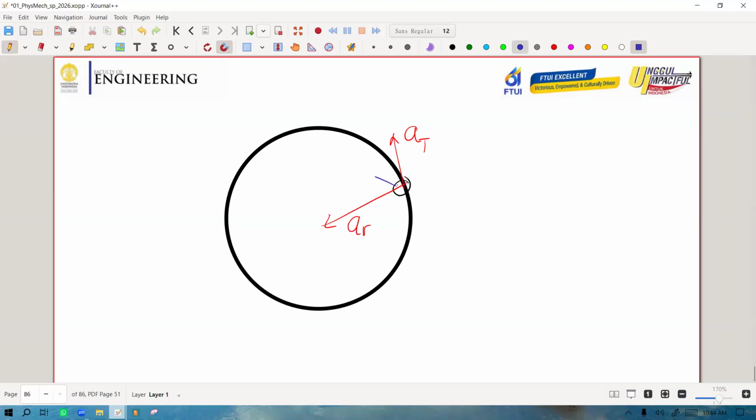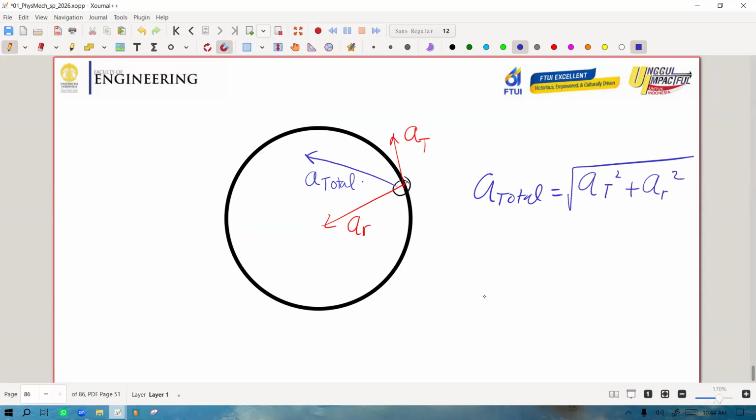We get this one, A total. For the total acceleration, we can use the vector summation, similar to the Pythagorean theorem, right? So A total is equal to the square root of AT squared plus AR squared.